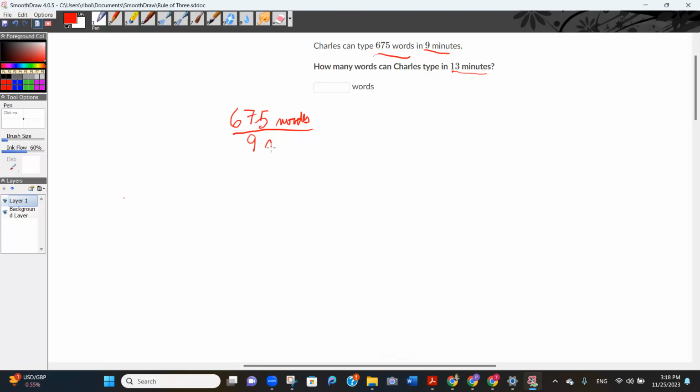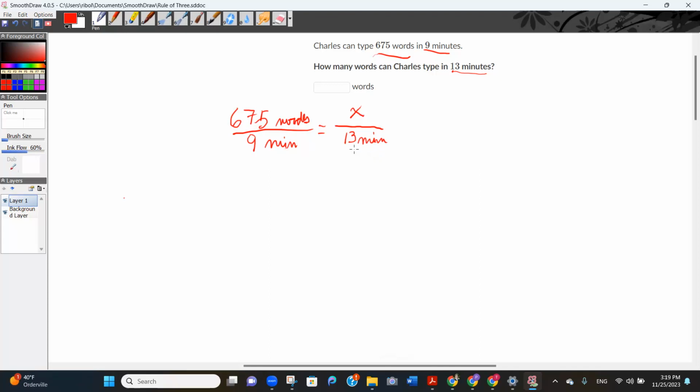And then the question here is, how many words, X, can this person Charles type in 13 minutes? The way that Salman Khan does it is, let's figure out the unit rate first, and then multiply that unit rate by the 13 minutes.